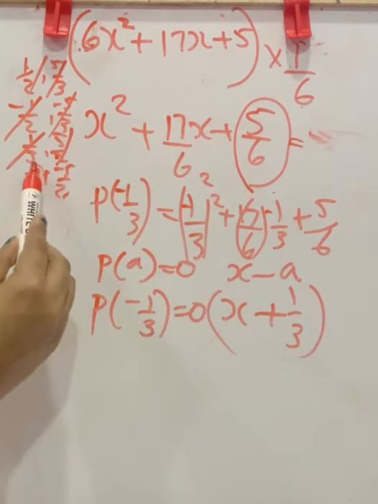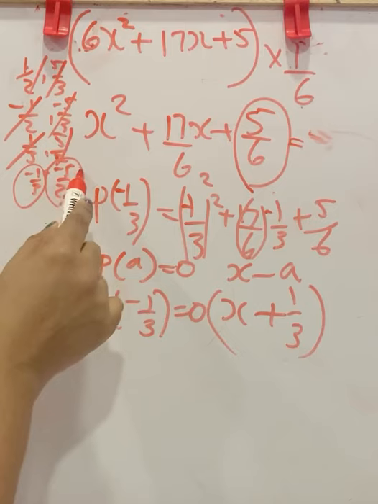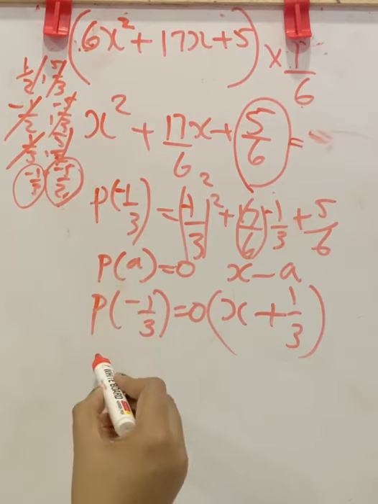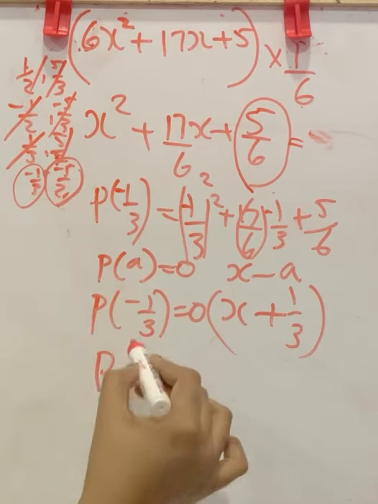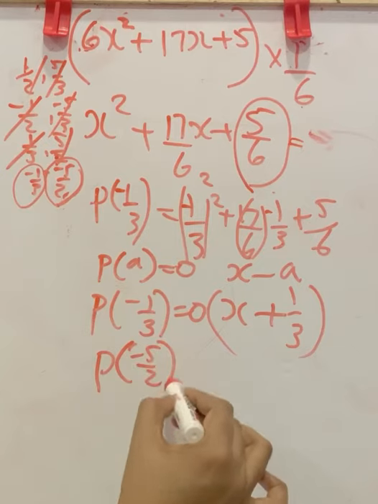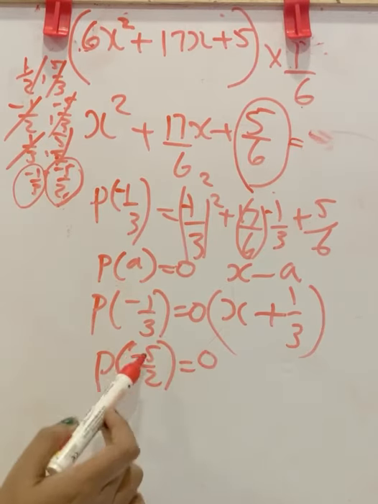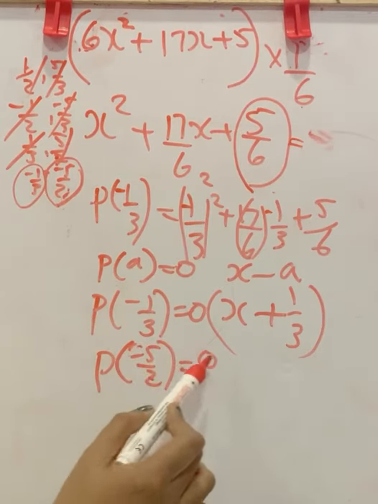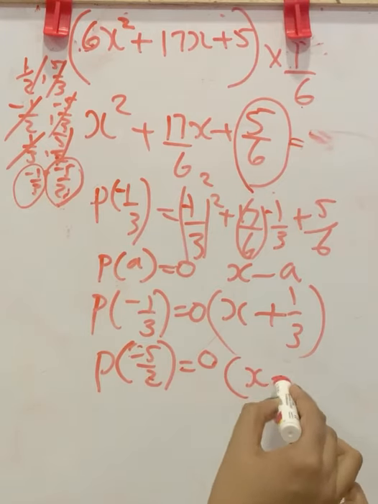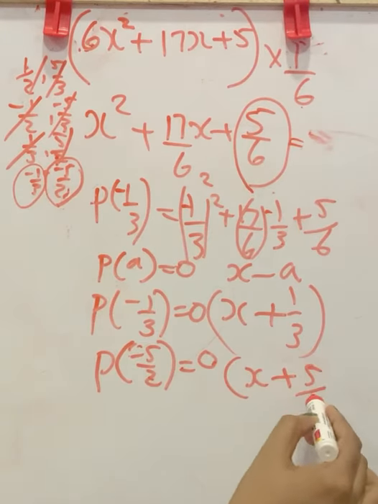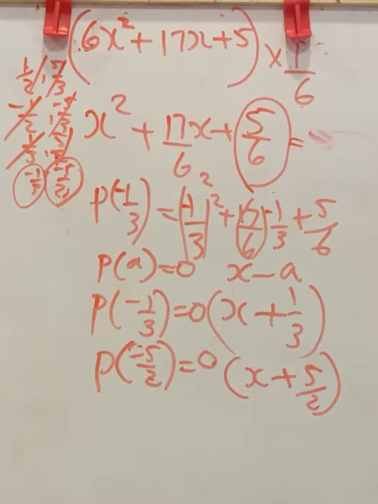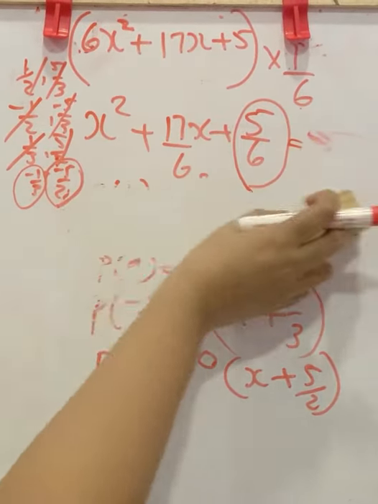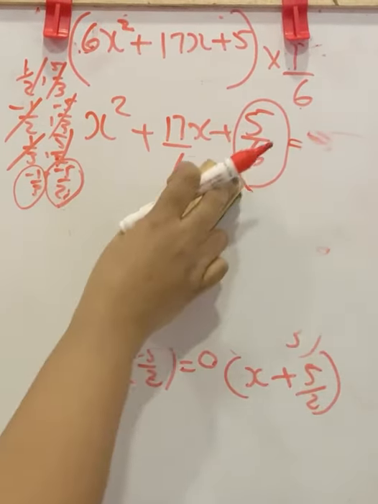If X plus 1 by 3 is a factor, the pair along with it will also be a factor, that is P of negative 5 by 2 will also be equal to 0. Then if P of negative 5 by 2 is equal to 0, we can say X plus 5 by 2 is a factor. Then how will you write this polynomial in terms of factors?